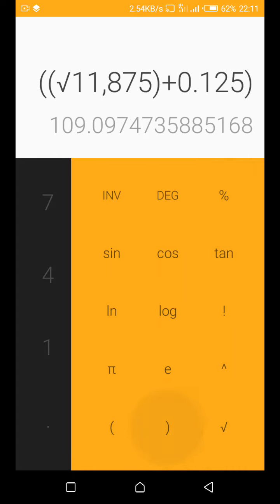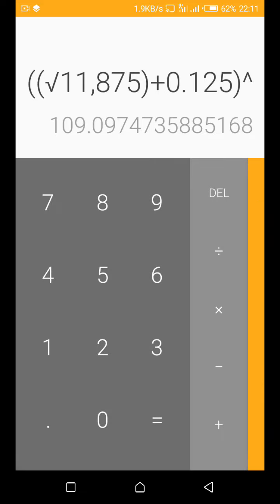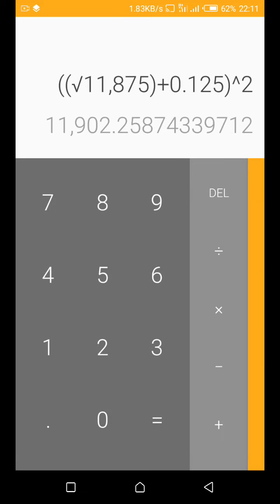This was actually the octave value of 1. What the calculation here does is you root the value of 11875, then to that you add 0.125, which will give you the nearest resistance level.